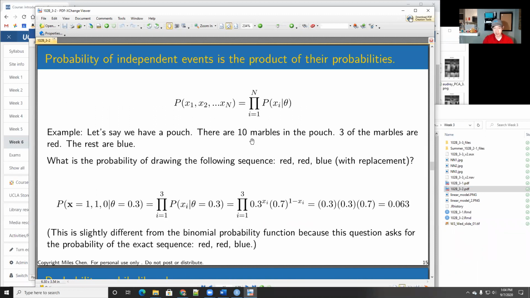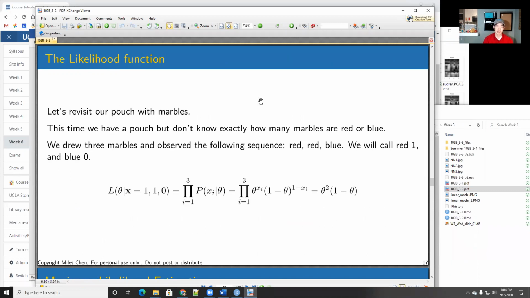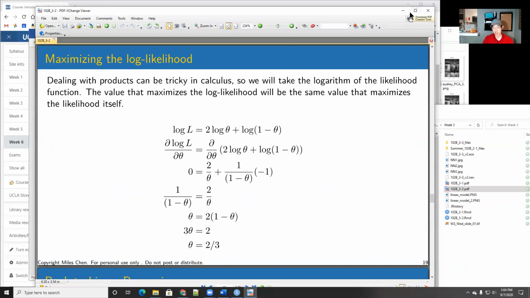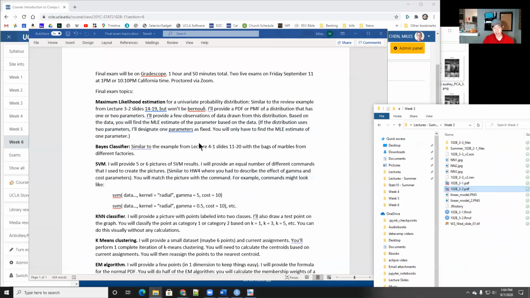This one's a Bernoulli one. There's one unknown parameter theta, and given the data, you find the probability of all of these things, and then you maximize that. So it'll be something similar.